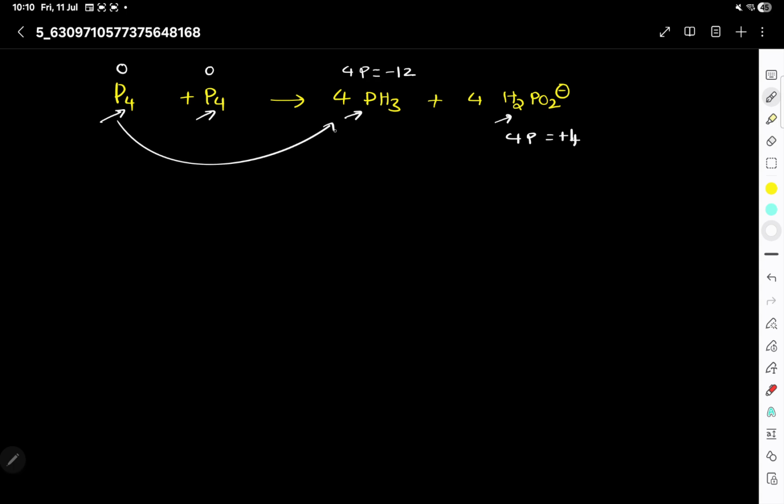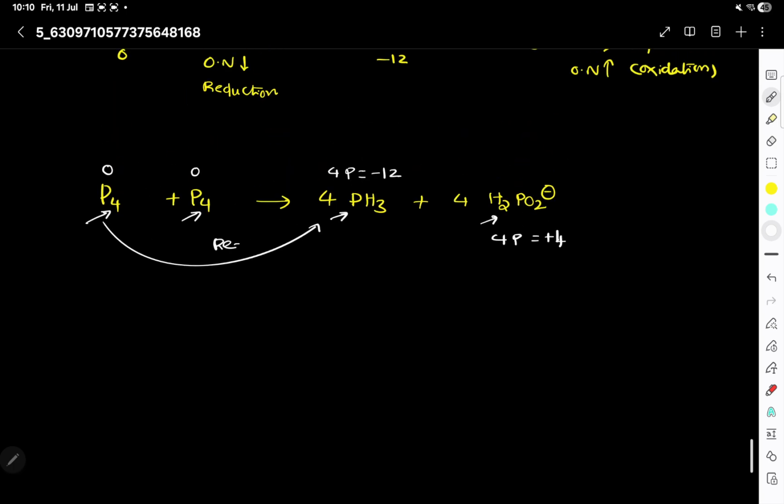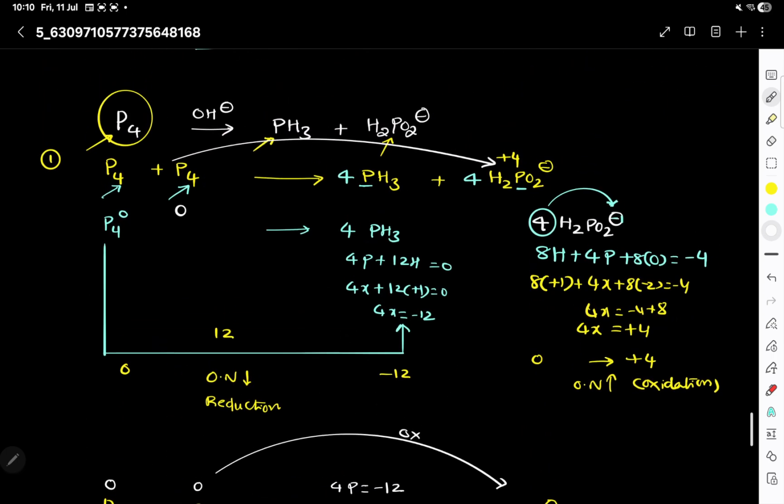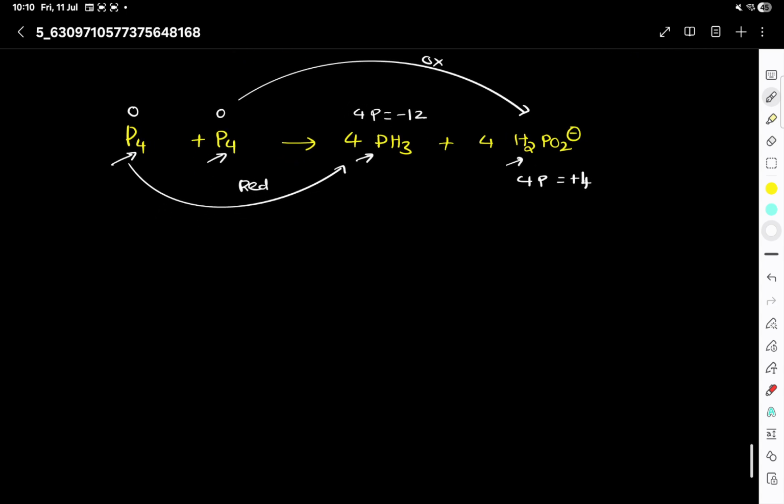Here to here is reduction, here to here is oxidation. Okay students, you can take a screenshot. Now rule number 2: identify the oxidation and reduction. Reduction is how many units? 12 units. Oxidation how many units? 4 units.